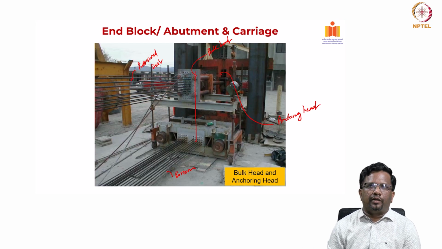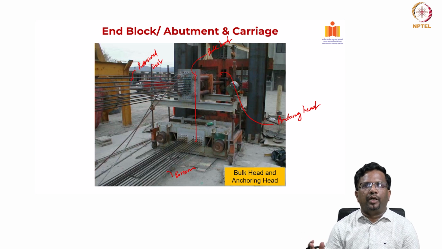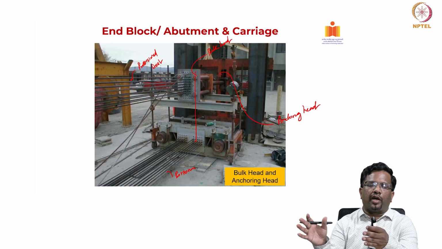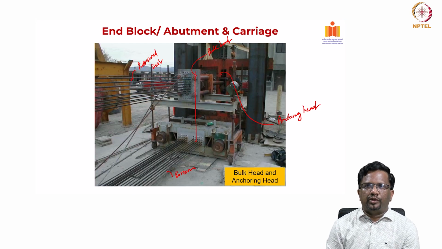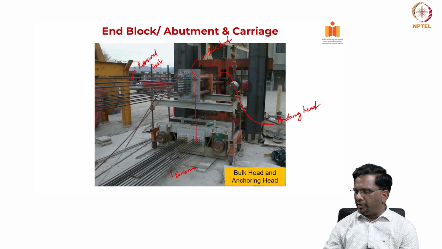The bulkhead is actually helping you to hold the strands at a particular location depending upon the design you have, and it also acts as a formwork for connecting the beam mold so that you can pour concrete within it. This bulkhead can also move.